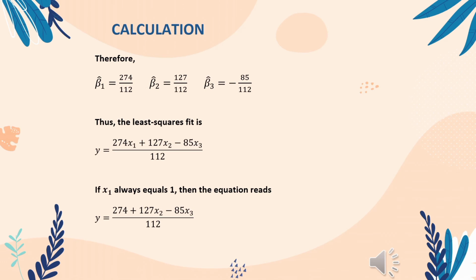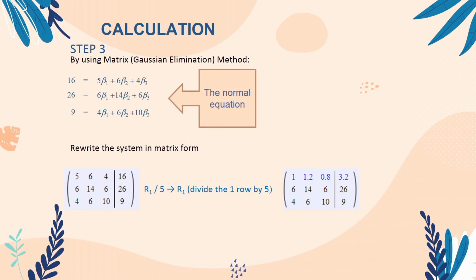Lastly, the least square fit will be y equal to 274 x1 plus 127 x2 minus 85 x3 over 112. If x1 always equal to 1, then the equation will read y equal to 274 plus 127 x2 minus 85 x3 over 112. Okay, next, we can use the matrix method, which is the Gaussian elimination method.